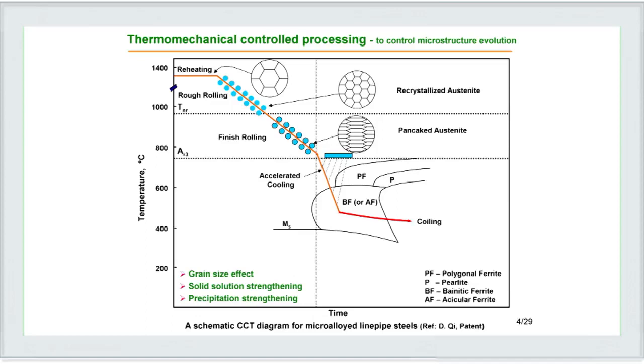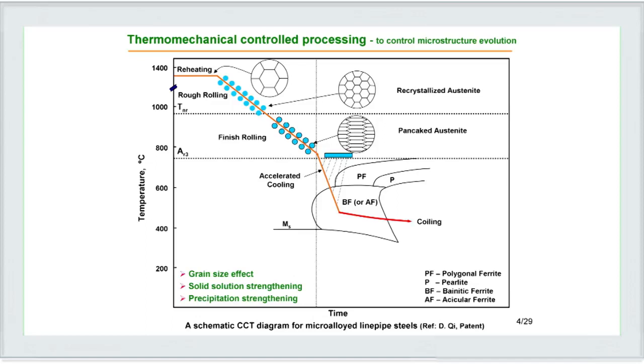During reheating process, the steel is reheated to soak temperature about 1250 degrees C for austenite homogenization. During rough rolling process, the austenite grain size is broken down due to recrystallization. Therefore, the average grain size is much smaller compared to the original austenite.